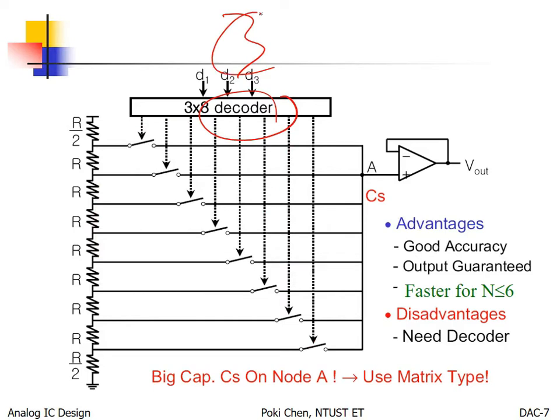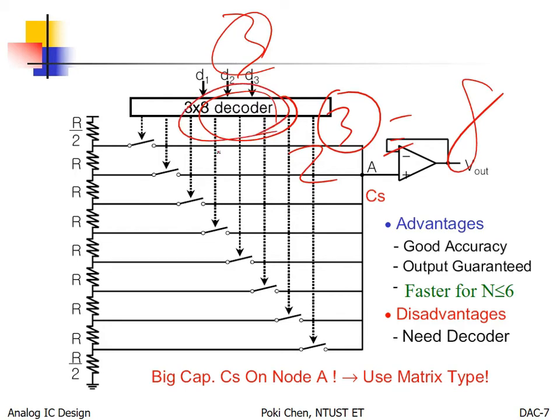Because input 3 bits, output 2 to the 3rd order equals 8. For such a decoder, from the beginning it is applied to any kind of RAM, DRAM, SRAM, to select the proper memory cell to be accessed.